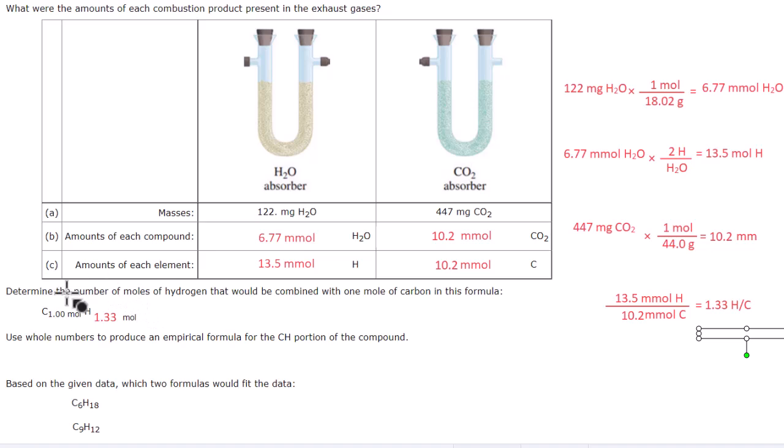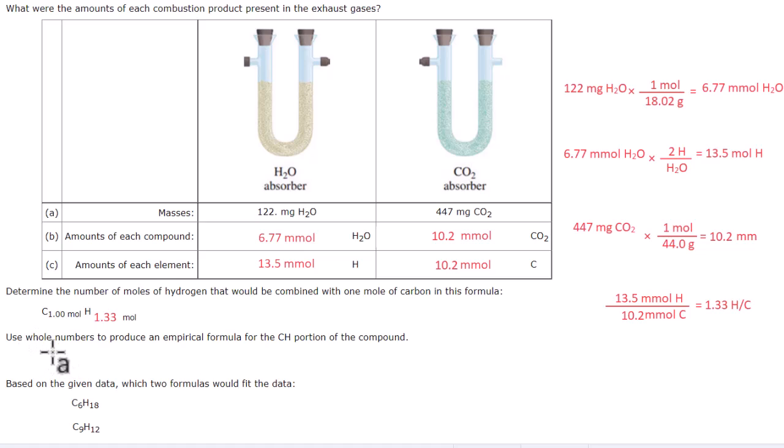So I would take this value, which is done pretty accurately, and say if this were whole numbers without decimals, if I multiply this by 2, I would have 2 moles to 2.66 moles of hydrogen. Still not a whole number. But if I multiply by 3, I have to get my text out here.